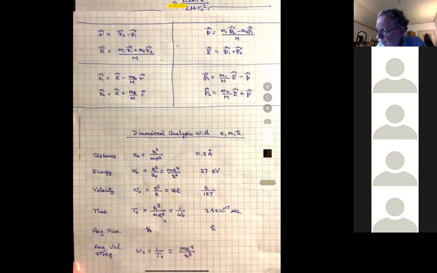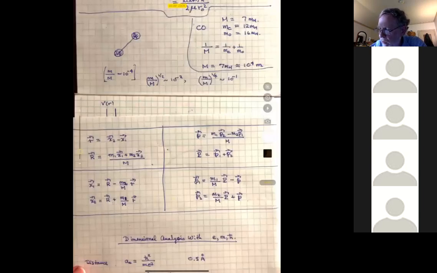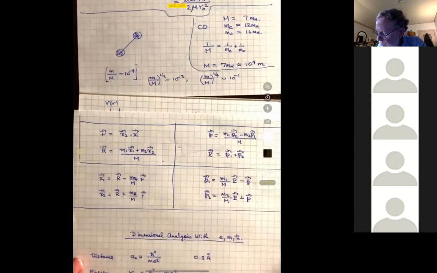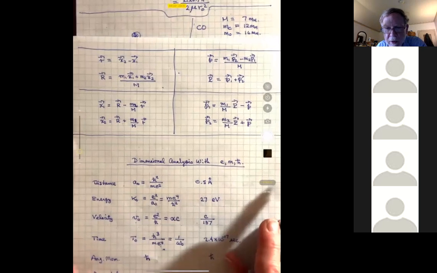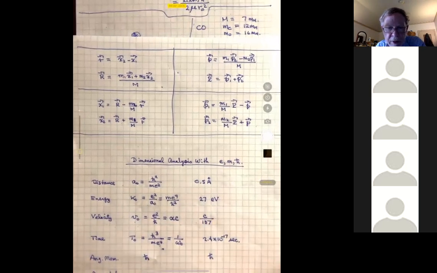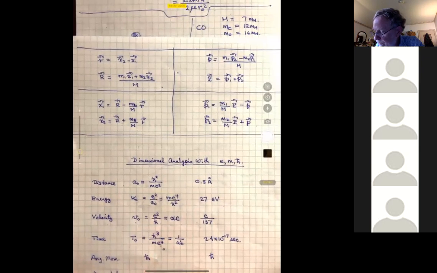Why is it characteristic of hydrogen when we're trying to talk about a molecule? Well, the reason is that hydrogen has the same three fundamental constants that you have to play with. And so the characteristic length, energy, time, frequency, and so on are basically the same. They're the same order of magnitude. That's why this works.